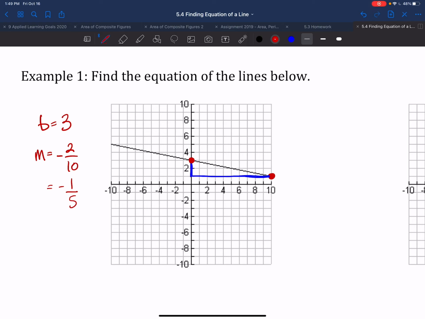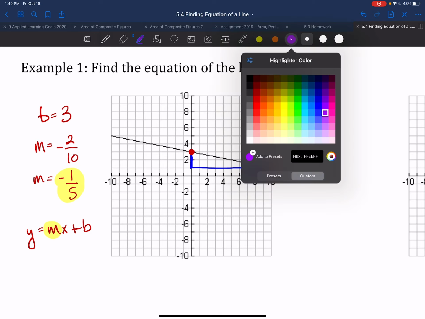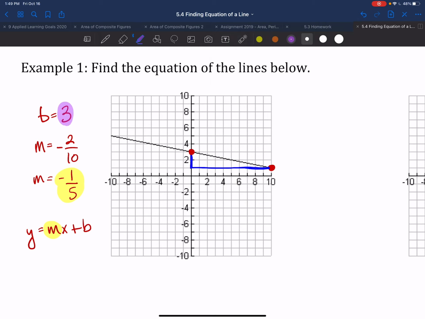So now if I take that and put it into y equals mx plus b, it's the slope-y-intercept form of a line. I know the slope. That's m. And I know the y-intercept.